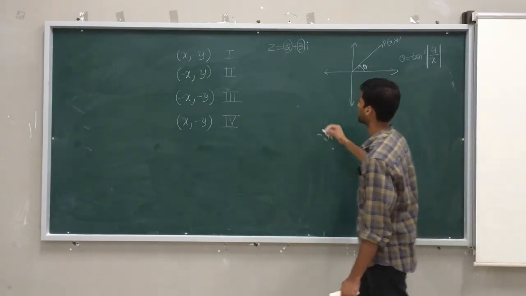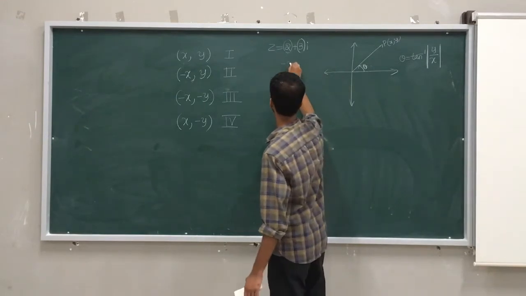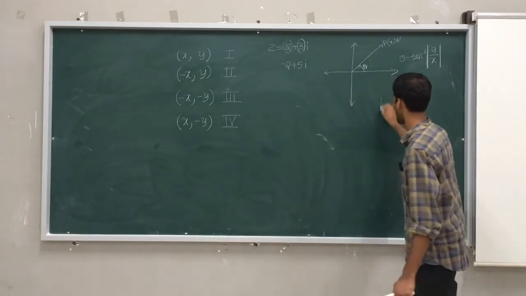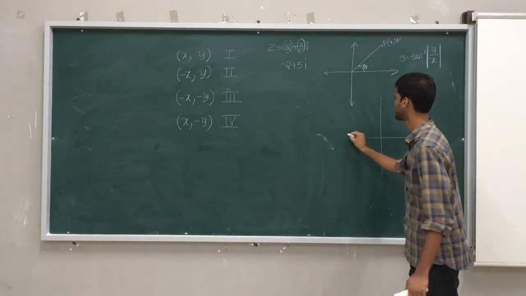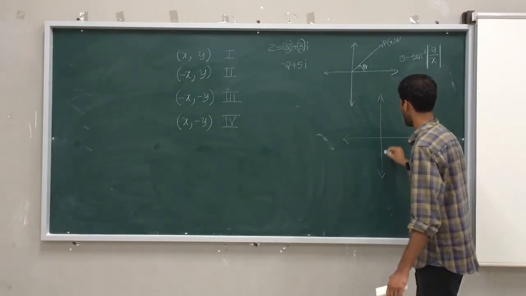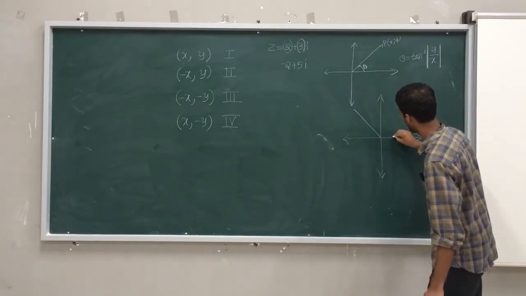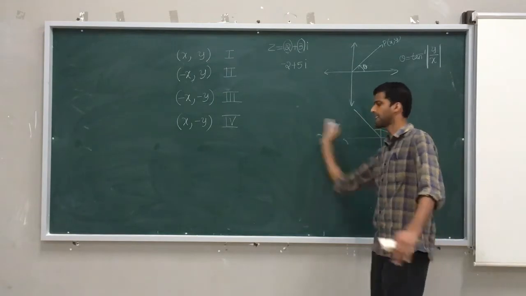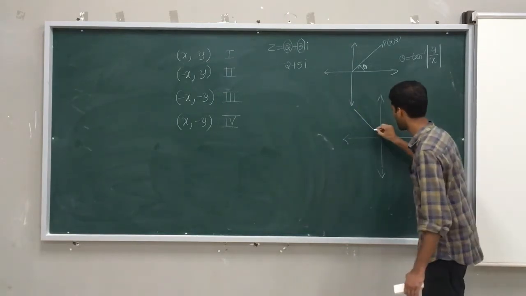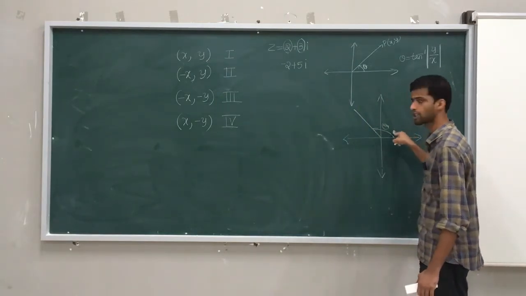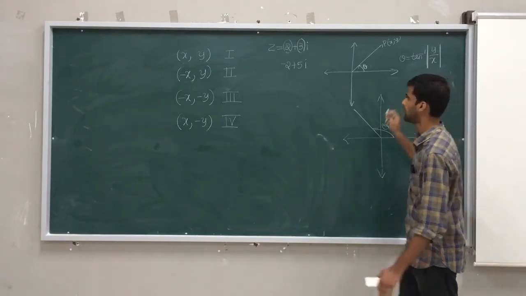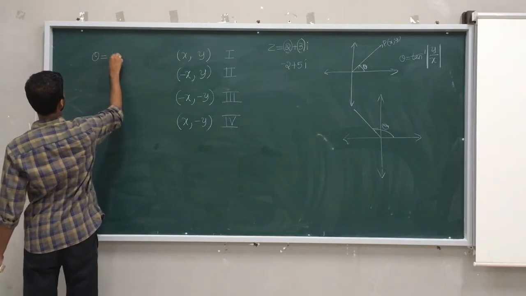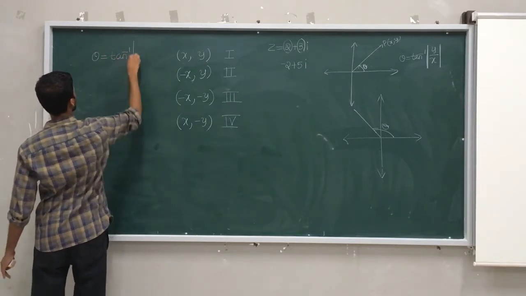Now the second case may be like this, minus 2 comma 5, where it will come in the second quadrant. In this case, this part is the positive direction of the x-axis, and this part is the negative direction of the x-axis. So you need to consider theta in the positive direction of the x-axis. Therefore, in the first quadrant, theta is tan inverse of the modulus of y by x.